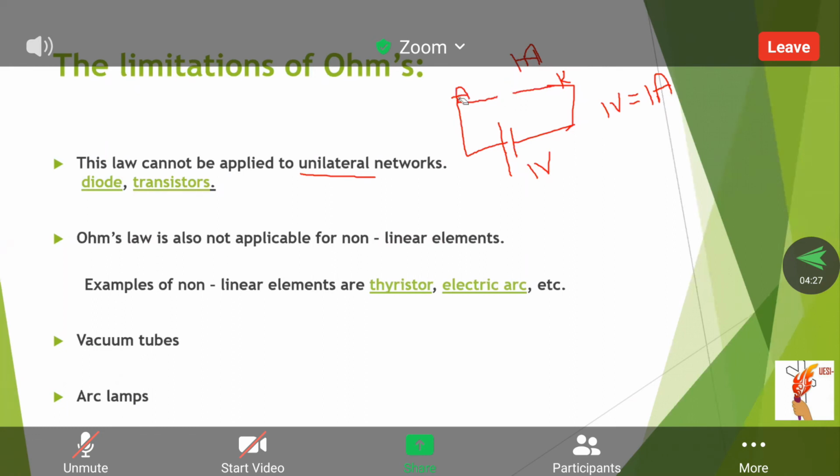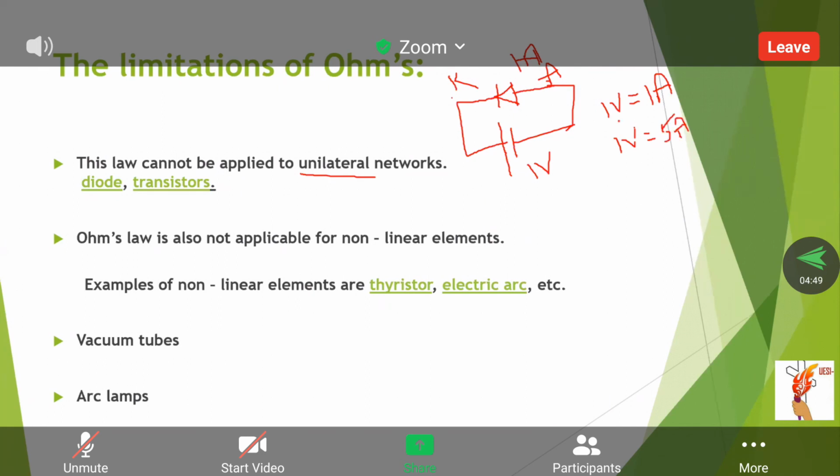Means the anode is connected to the cathode and the cathode is connected at the location of the anode. So the direction is changed, right? So if we apply 1 volt, then we get the value as 5 amps.